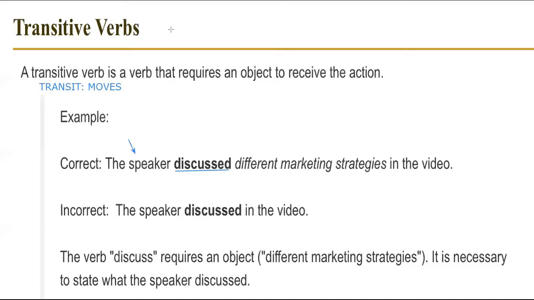Now, for us to know if we have a transitive verb, we must apply this formula. What plus the subject plus the verb. In this sentence, we already know that the subject is the speaker.